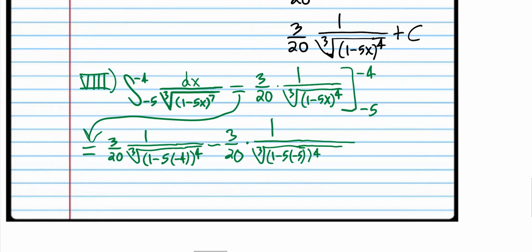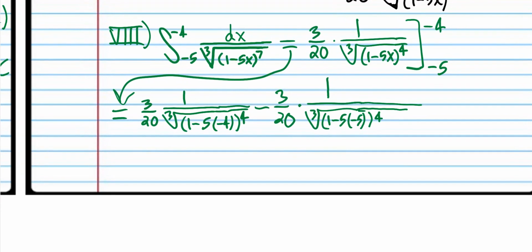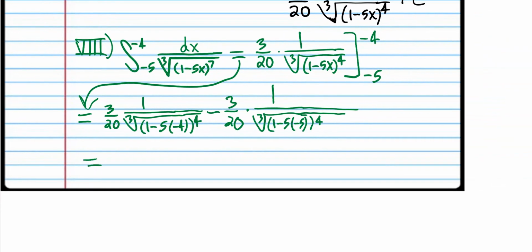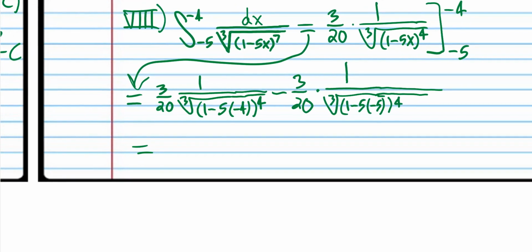Okay, so let's double check, make sure we did all this correctly. There's a lot of stuff we're writing here, so I want to make sure. We don't have a lot of room to write this, but this is going to be negative 20, and it's a double negative, so it's 1 minus negative 20, so that's 1 plus 20, so that's 21.